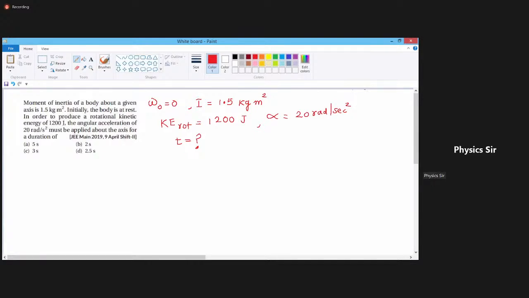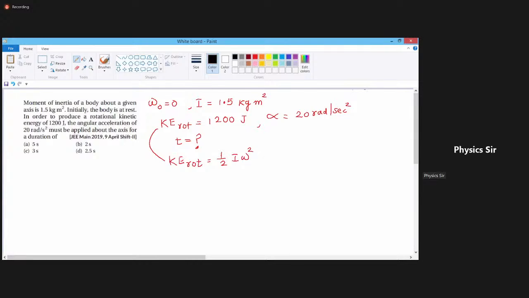So first of all, what is the formula for the kinetic energy for a rotational motion? The rotational kinetic energy is half I omega square.